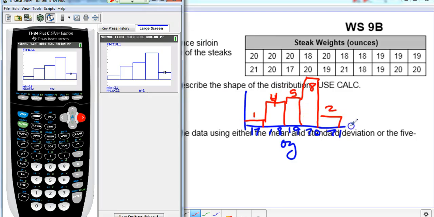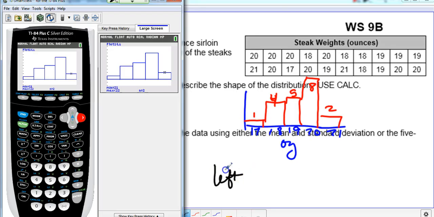A histogram is graphing the frequency of data points found in each category. This one is skewed what? Left.